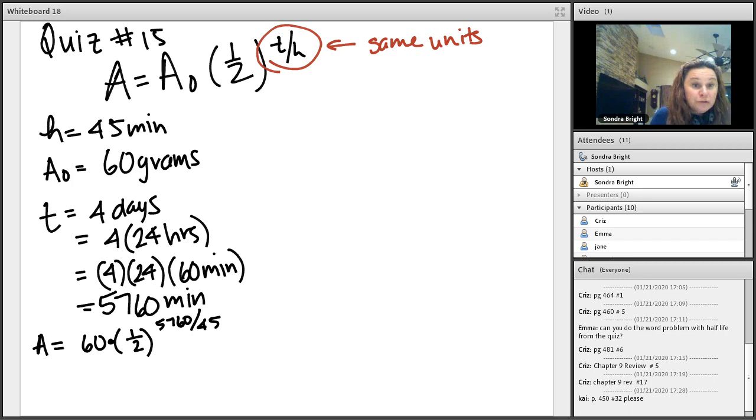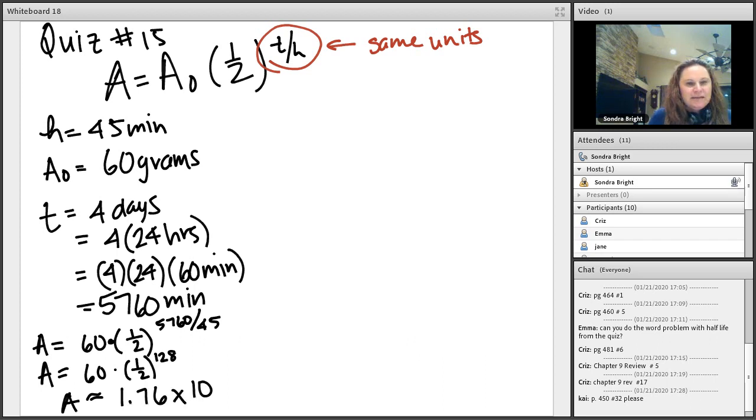Your calculator will do that for you, but it's 60 times 1/2 to the power of 128. And so I got 1.76 times 10 to the negative 37 grams. That's how much is left in 4 days.